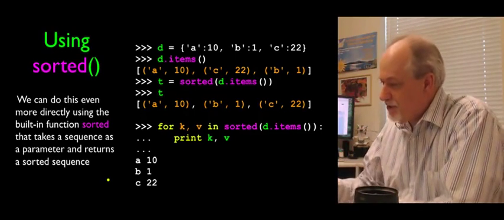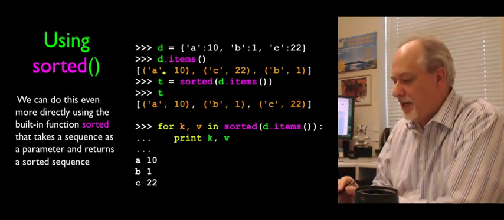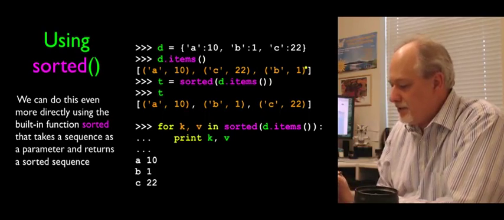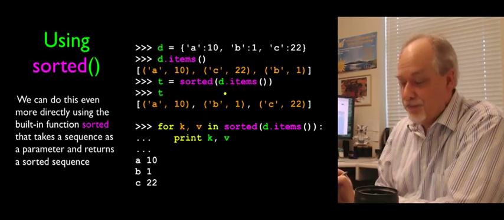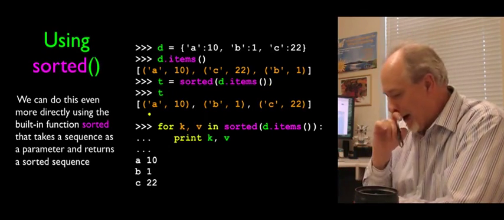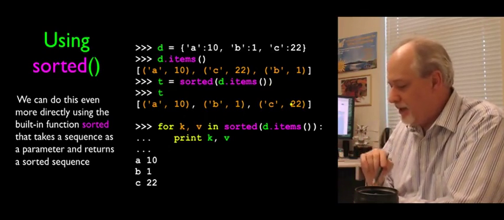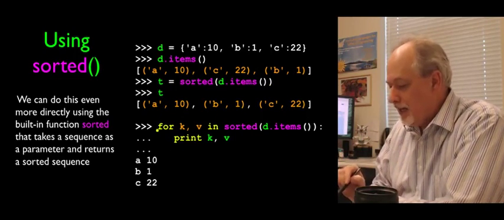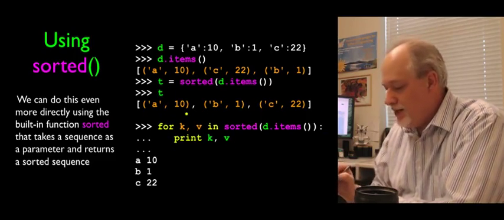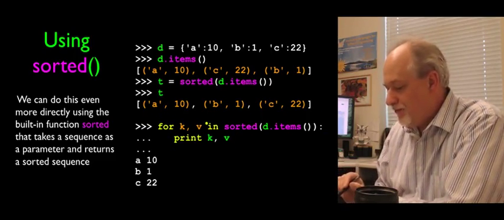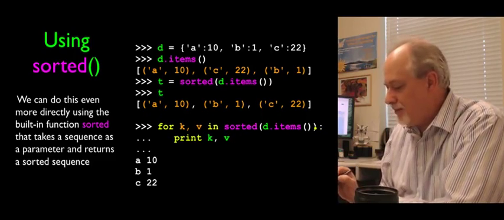So we can collapse these operations by saying, oh, well, d.items is this list of tuples, non-sorted, but sorted of d.items is that same list of tuples, but then sorted. So immediately, in one step, we have A, B, and C properly sorted. And we can combine all this into one nice little for statement where we say for k, v in sorted of d.items.